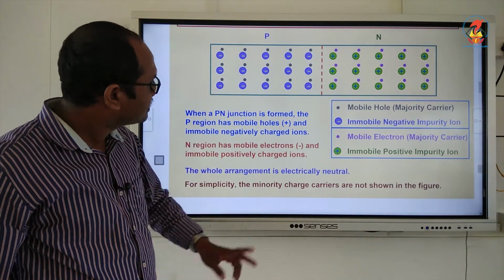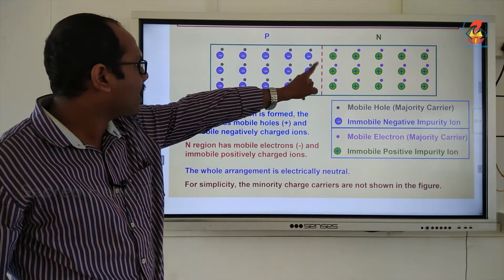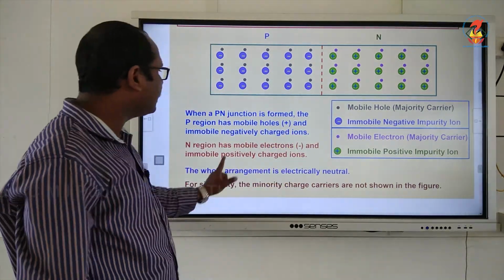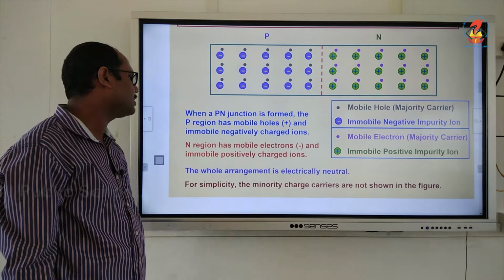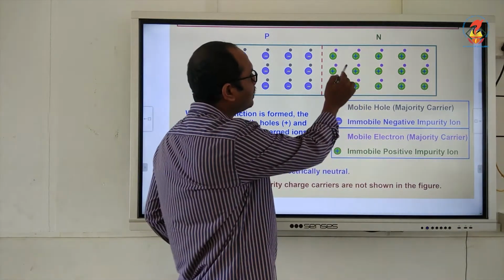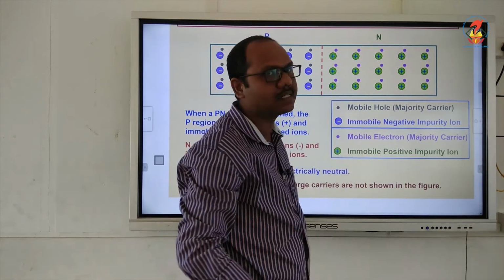Similarly, in the N region, it has mobile electrons and immobile positively charged ions. Here the positively charged ions cannot move, that is why I have put them in a circle.